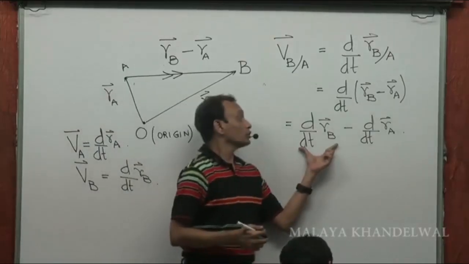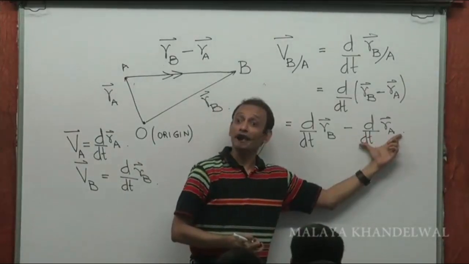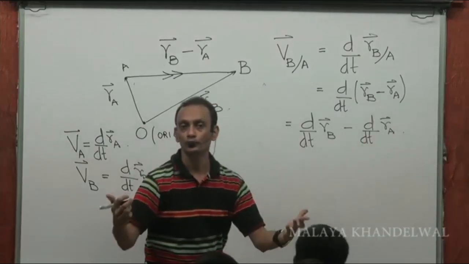Which is velocity of B as seen by O minus velocity of A as seen by O. Yes or no? Right?